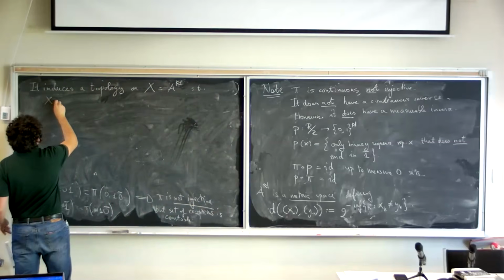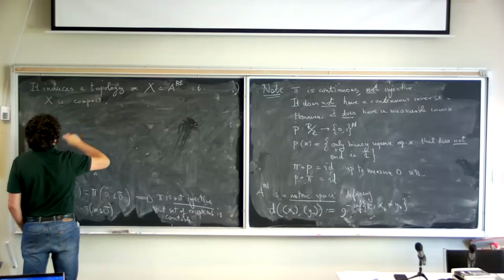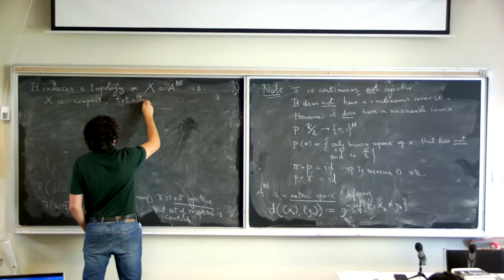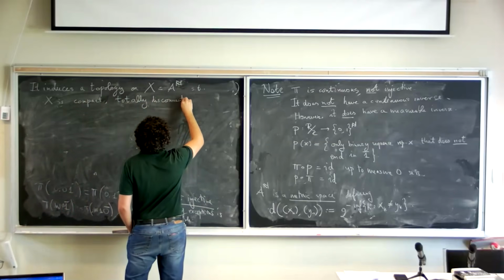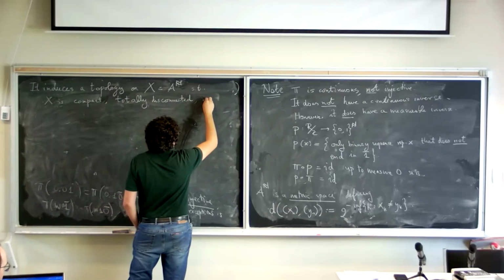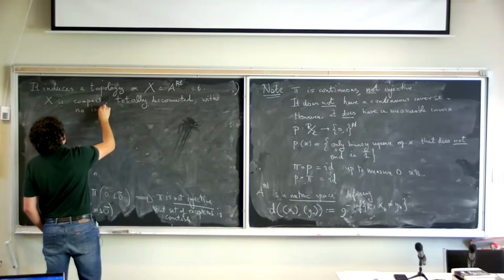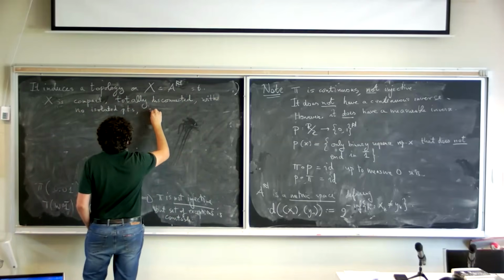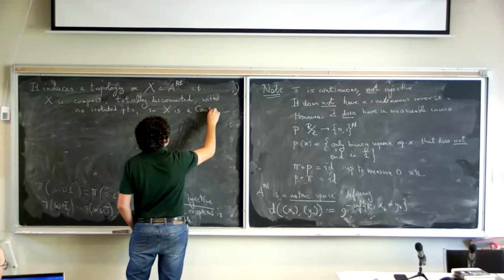X is actually compact. It's totally disconnected, meaning that the connected component of a point is just the point itself, and with no isolated points. And so we know that is the characterization of a Cantor set. So X is a Cantor set, homeomorphic to the classical Cantor set.